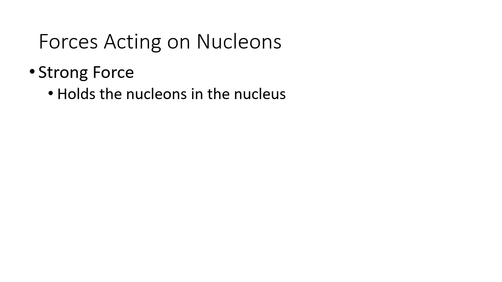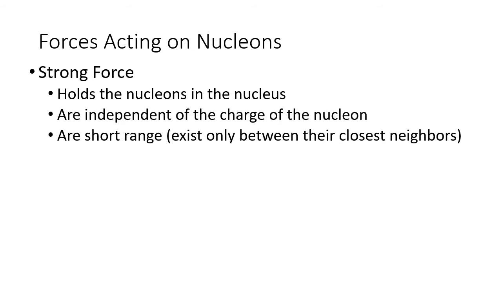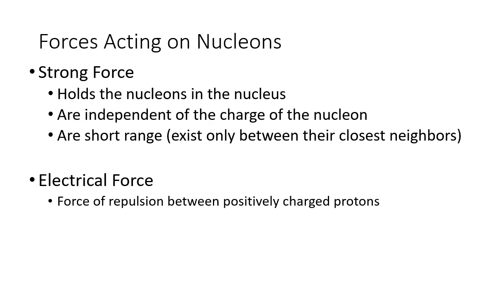There are at least two forces acting on protons when they're in the nucleus. We have that strong force, which is holding them together. This strong force only works at a very short range though. So the protons and neutrons that are very close to each other are held together by the strong force. The electrical force though makes those protons want to push apart.